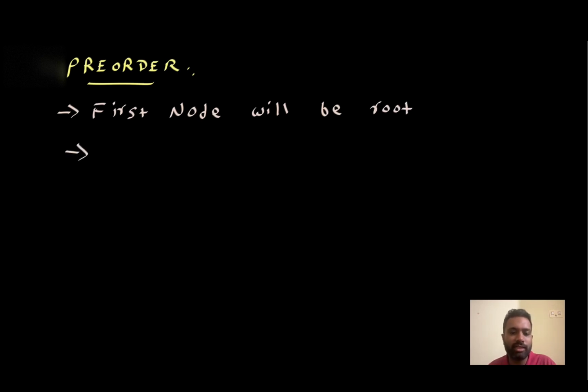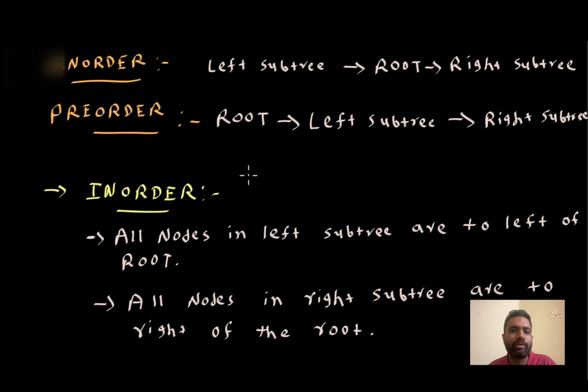Can you observe any other property? In subsequent nodes, after the root, some portion will be the left subtree, and some portion will be the right subtree. But even in the left subtree, it will explore the root first.